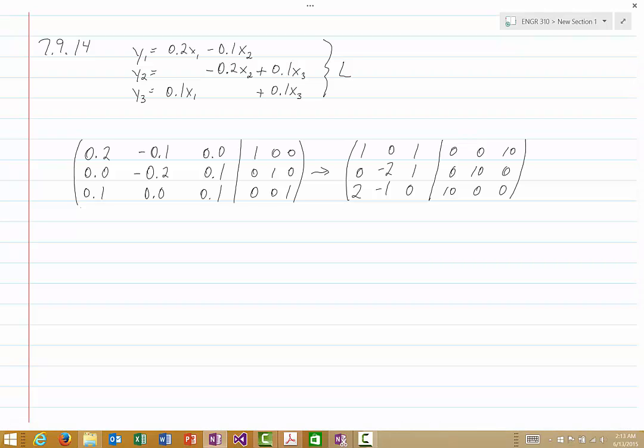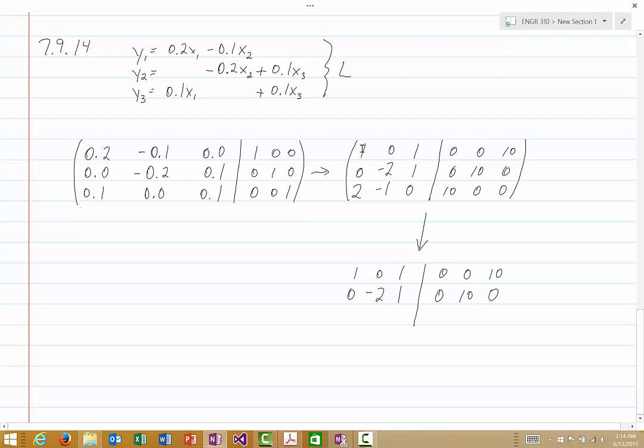So this is what we have. And now I will multiply the first row by negative 2 and add it to the third row to get rid of this 2. So we have 1, 0, 1, 0, 0, 10, 0, negative 2, 1, 0, 10, 0.